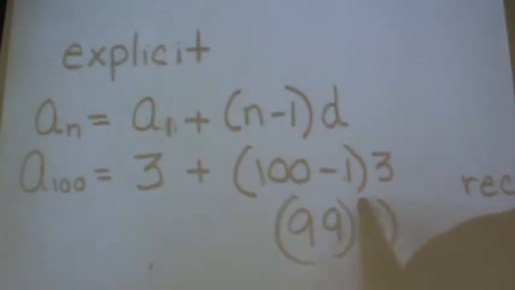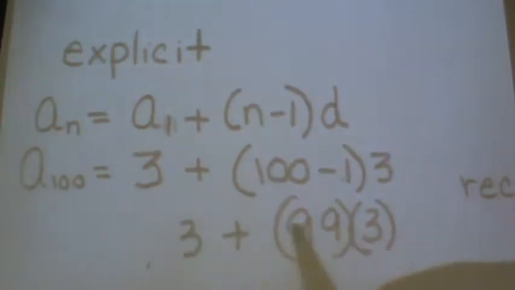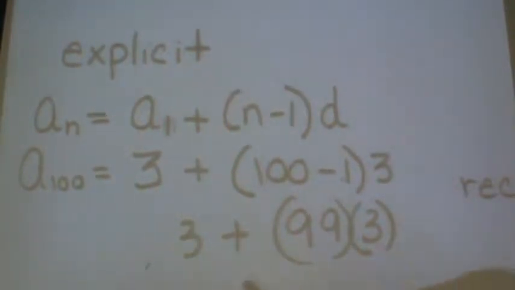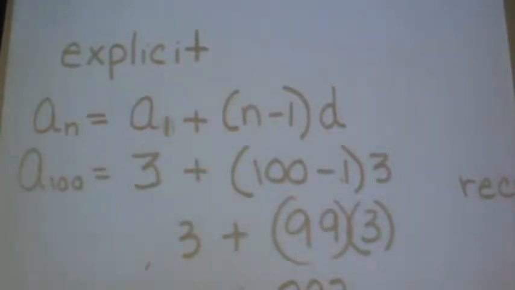So in other words, 99 times 3, and then add 3. So what's 99 times 3? 297. 99 times 3 is 297 plus 3 is 300.